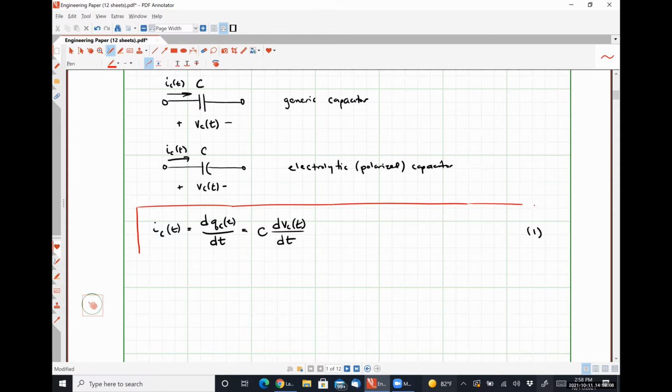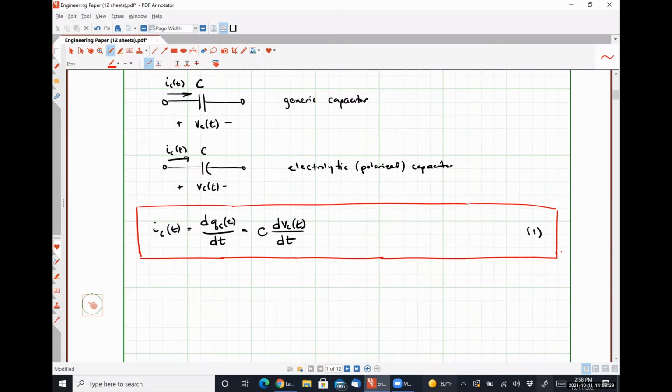The current is simply the capacitor value multiplied by the derivative of the voltage. So there's three things that I want to talk about for this relationship, all right?